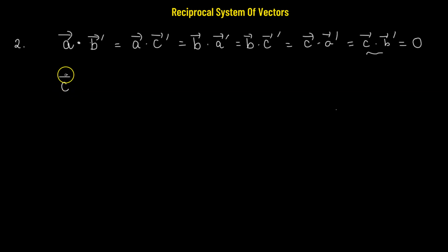That means vector C dotted with vector B prime. So we have C vector dotted to the B vector prime.